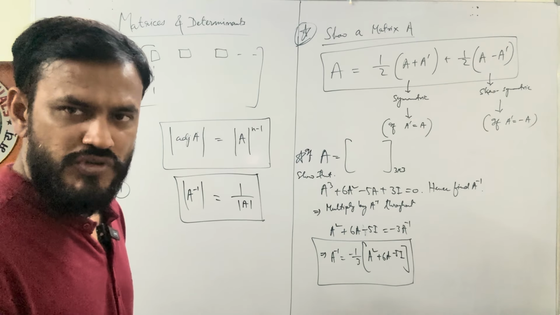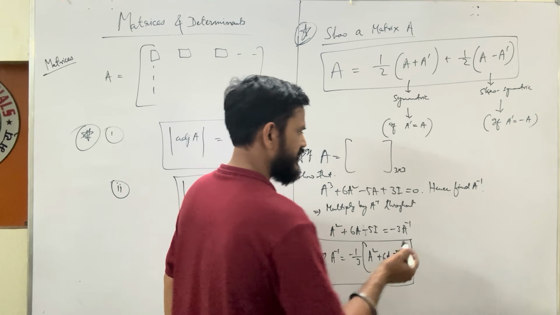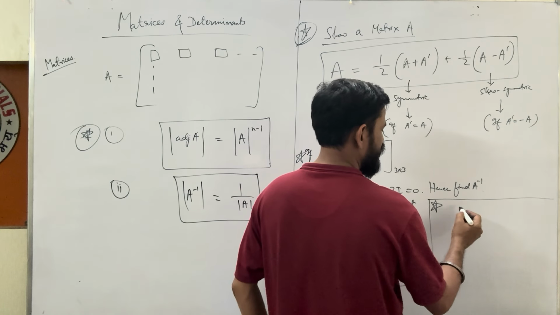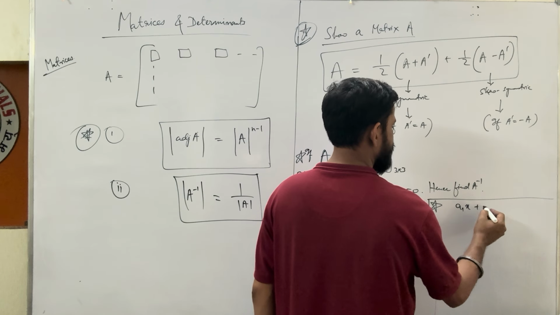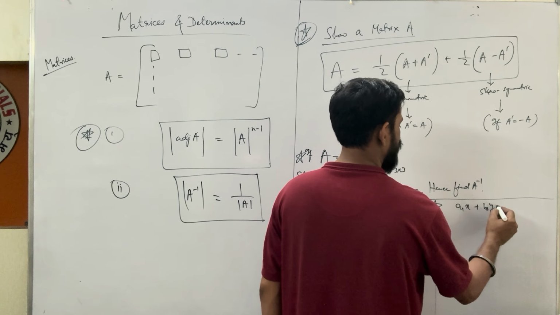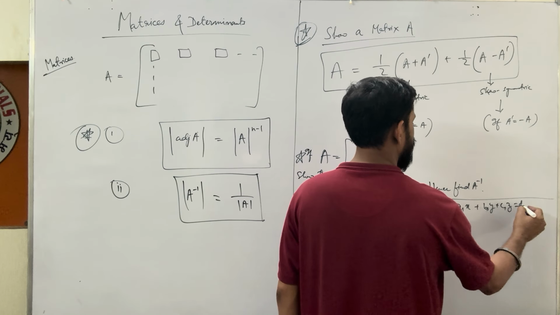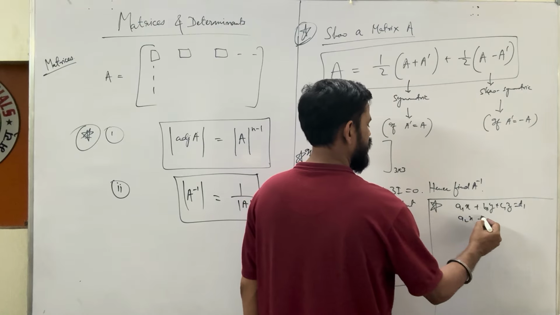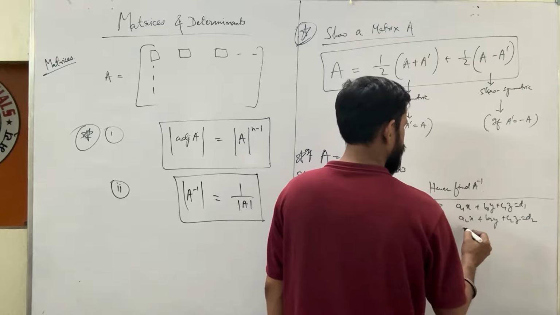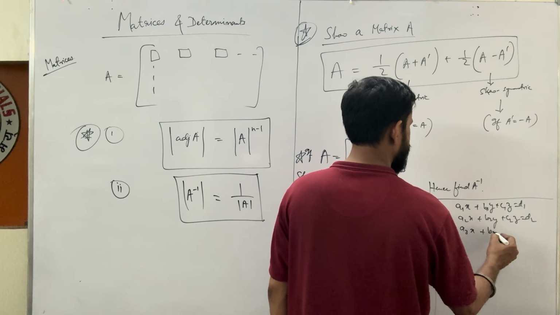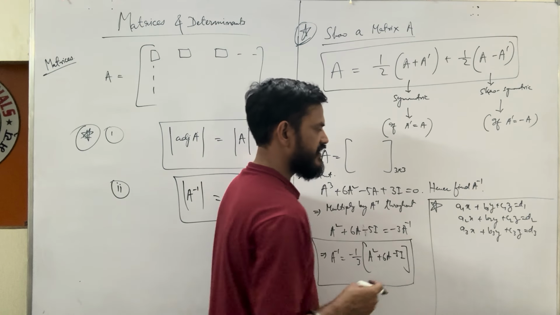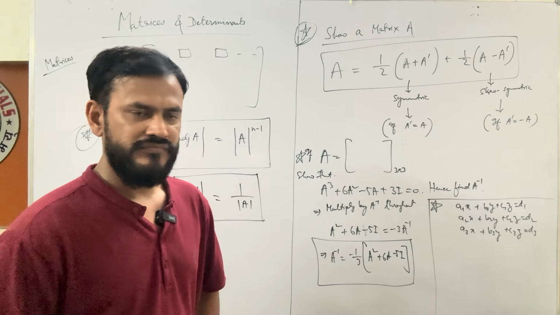Now, the other type of question which can be asked in your exam is, you'll be given a pair of linear equations like a1x plus b1y plus c1z equal to d1, a2x plus b2y plus c2z is equal to d2, and a3x plus b3y plus c3z equal to d3. Suppose you are given these equations.